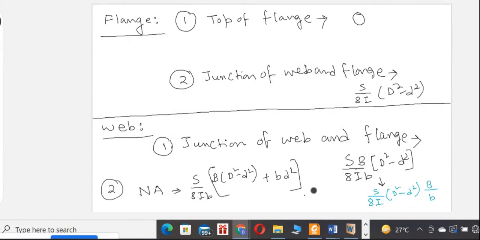Okay, thank you. So these are the 4 values we have calculated till now, the shear stress we are talking about.